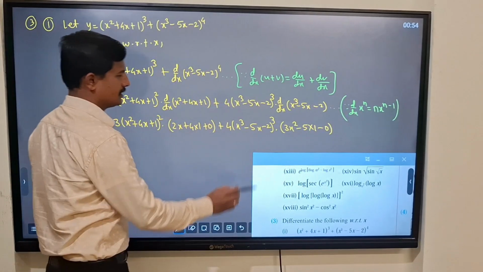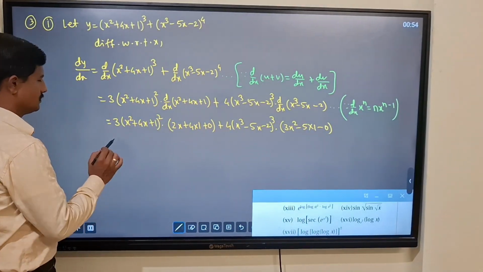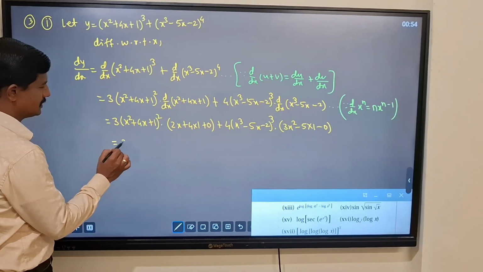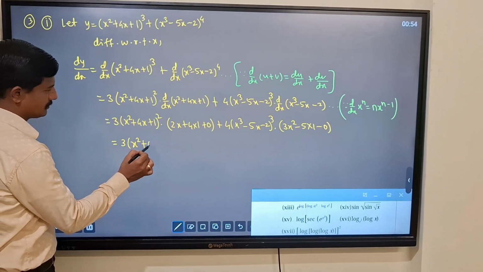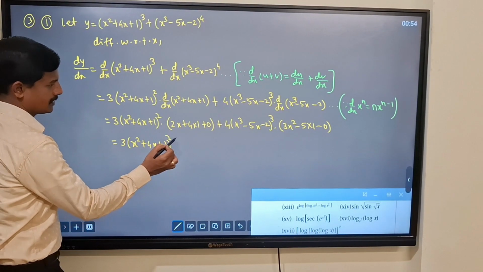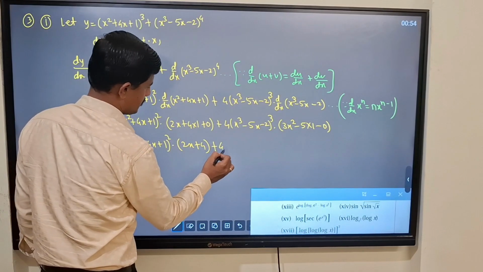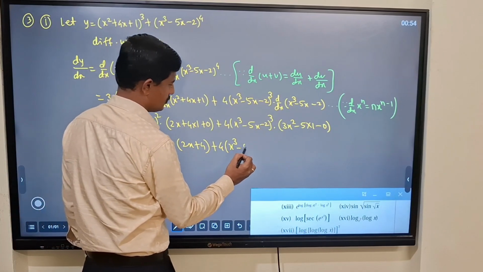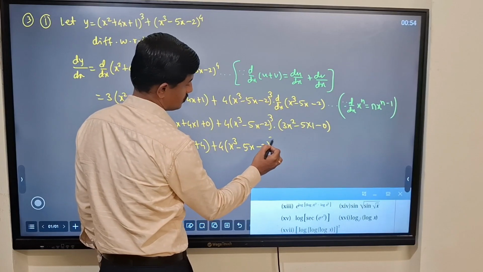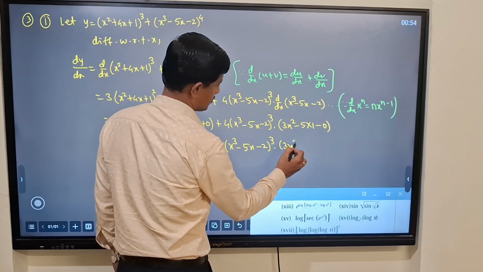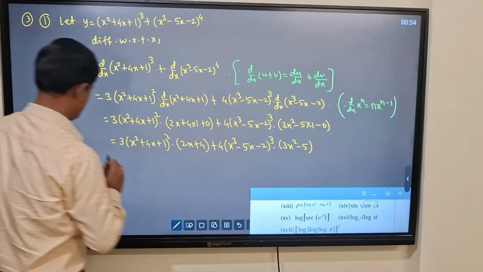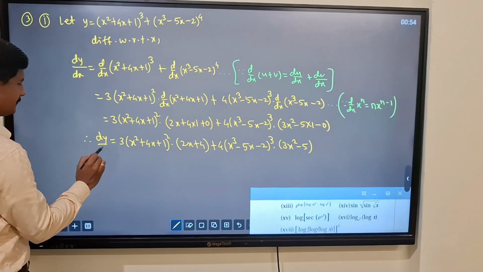Again we used that formula. So now this becomes 3(x² + 4x + 1)²(2x + 4) + 4(x³ − 5x − 2)³(3x² − 5). Now this is your answer.